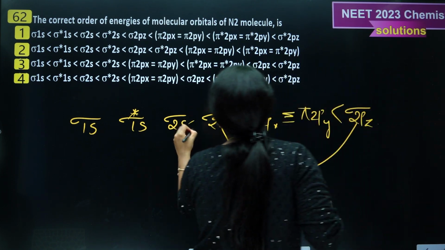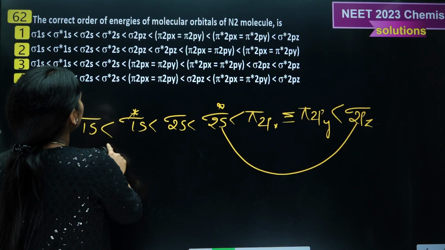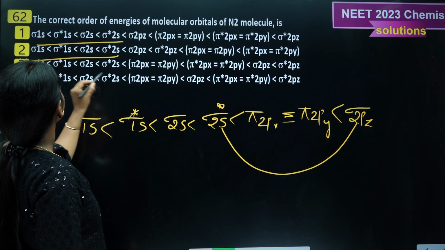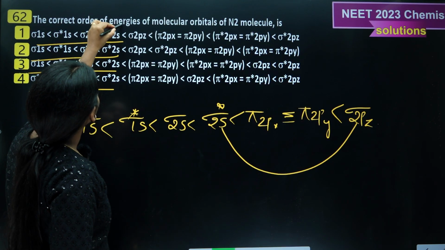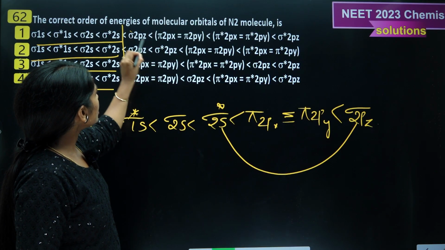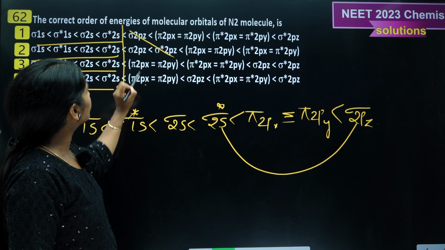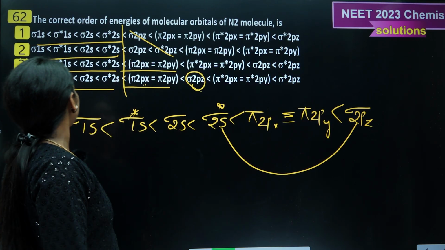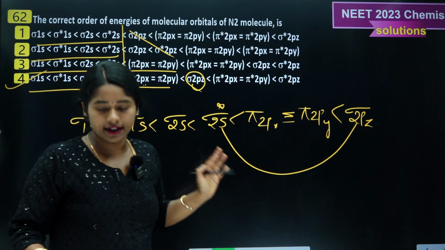This is the increasing order of the energy. Check it out, in which case sigma 1s up to here everything will be the same, correct? Now here pi 2px is equal to pi 2py. So the first two are wrong. In these two, yes, this is correct. After this sigma 2pz will come. Option 4 is the correct answer.